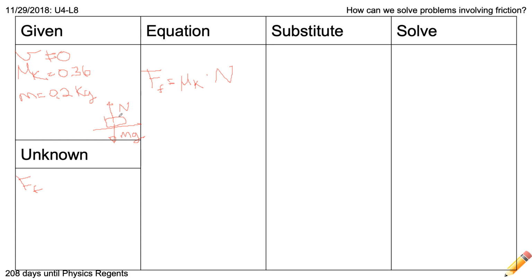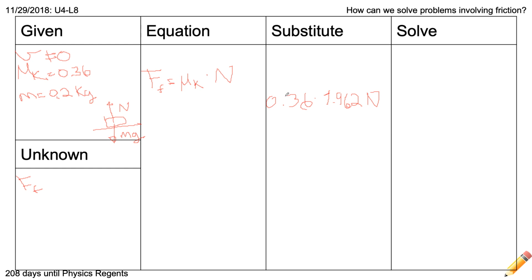So I get out my calculator and I do 9.81 meters per second squared times 0.2 to get that the normal force is 1.962 newtons.